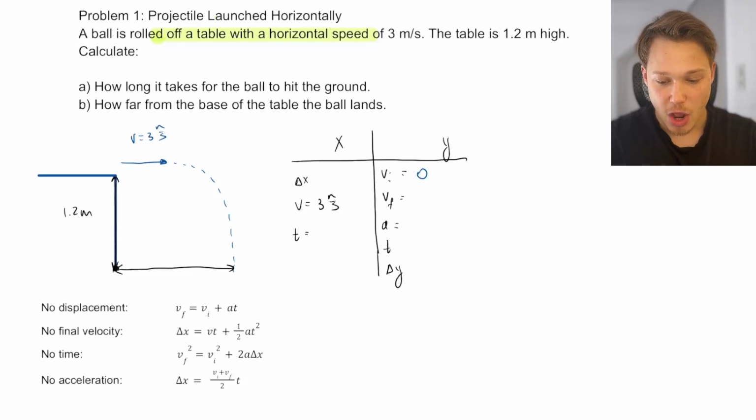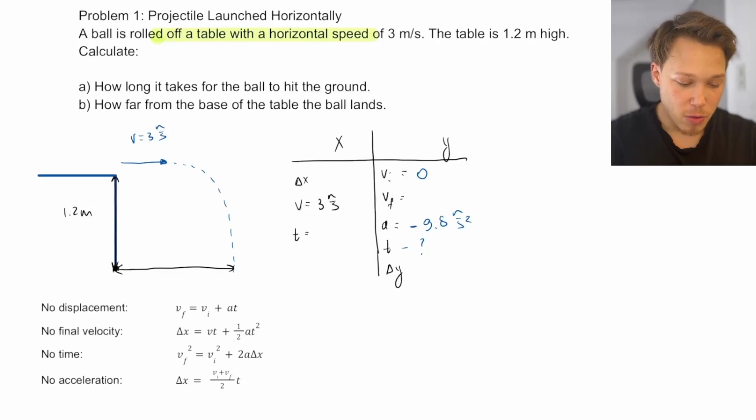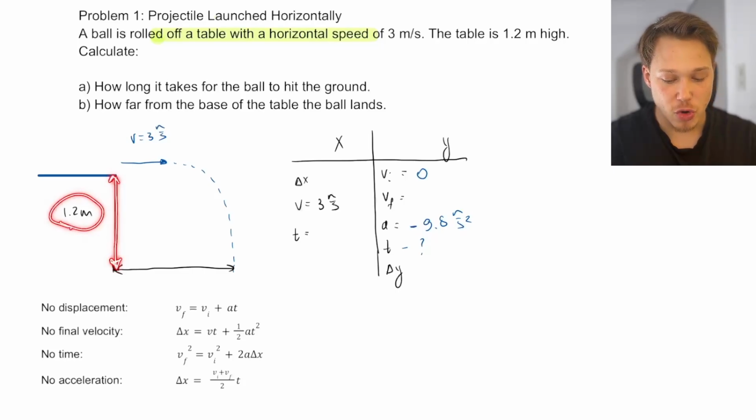What we always have is that acceleration is negative 9.8 meters per second squared. What we need to calculate is the time, question mark. And what about 1.2 meters? 1.2 meters is a vertical distance, so it will go in the y instead of x.